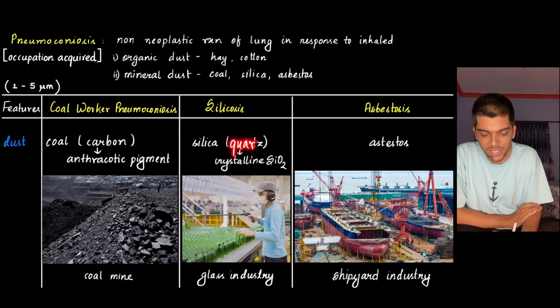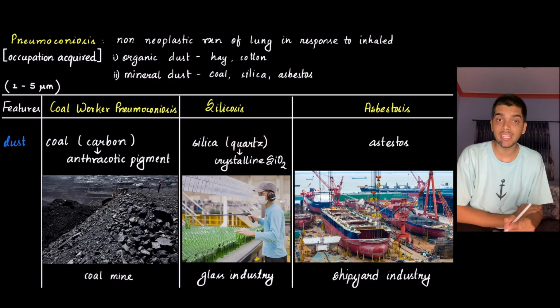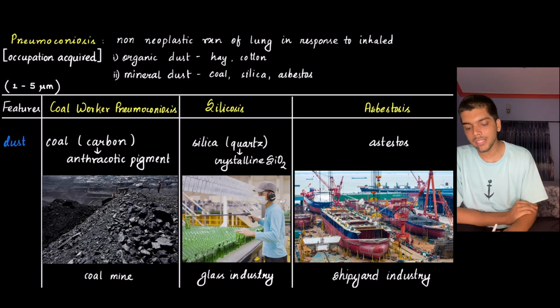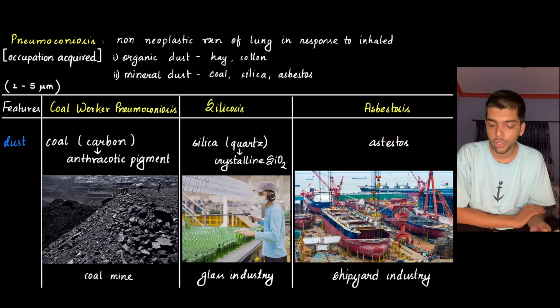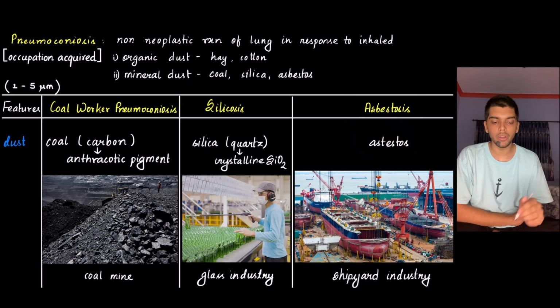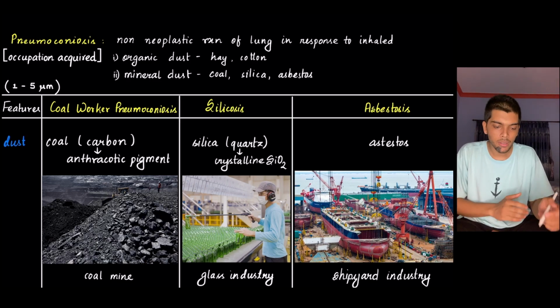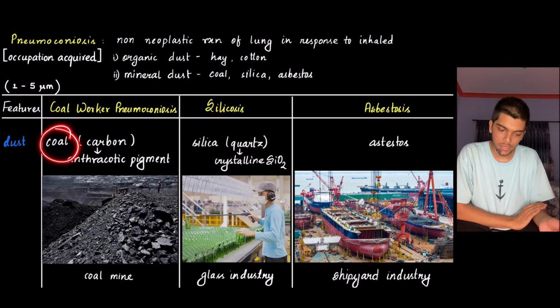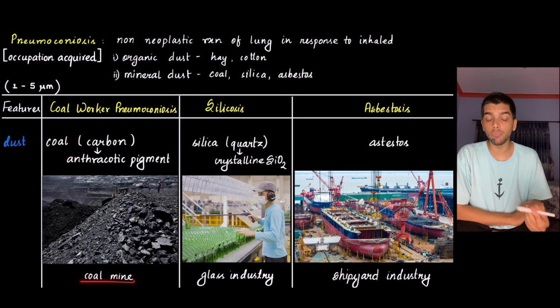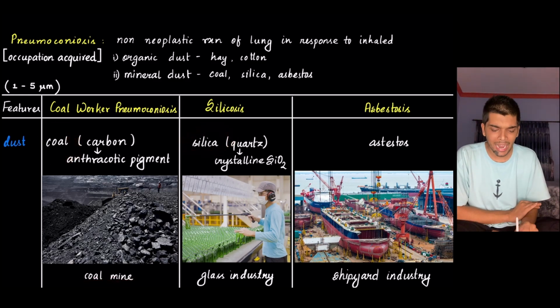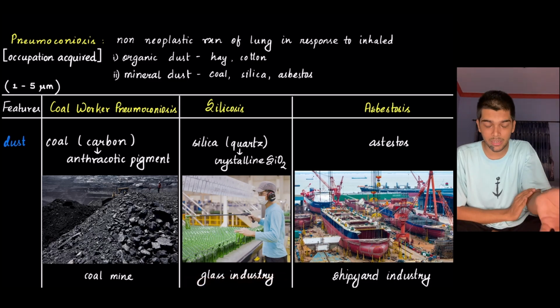What is quartz? Quartz is crystalline SiO2 and it is highly pathogenic. Third is asbestosis, which is caused by exposure to asbestos. All right. Now, how is a person exposed to this? So, exposure to coal is through coal mines. Exposure to silica is through glass industry because glass is made of silica.